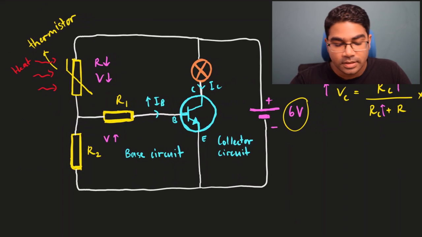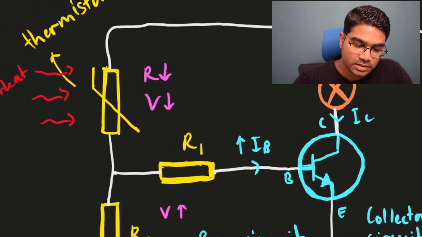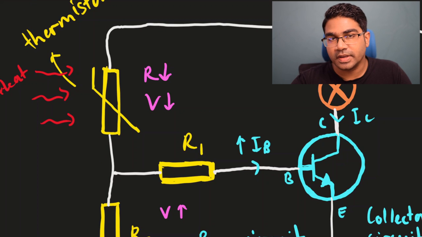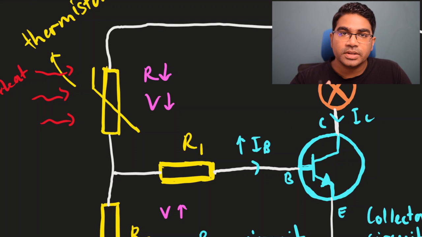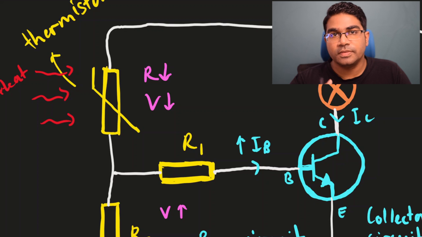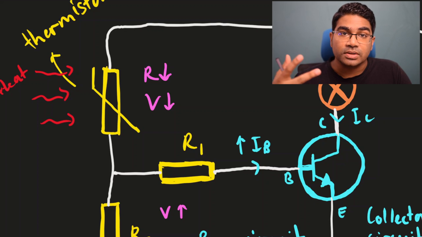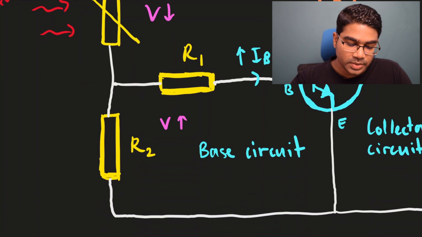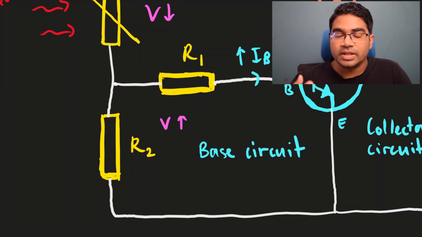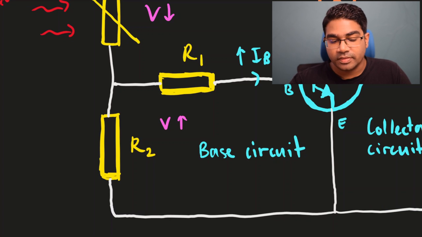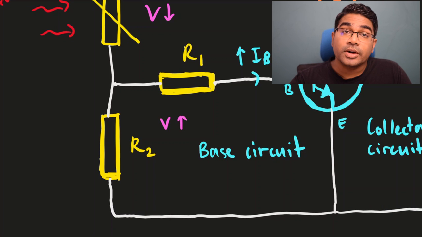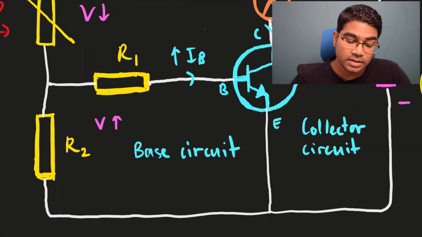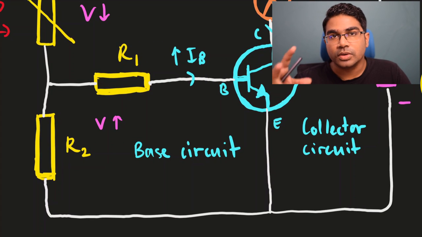When there is heat, first the resistance of the thermistor decreases significantly, and the potential difference across the thermistor will follow. So it will decrease as well. While the potential difference across the thermistor is decreasing, the potential difference across R2 will increase relatively, because their sum has to equal the EMF. So when the potential difference across R2 increases, the base current will also increase.